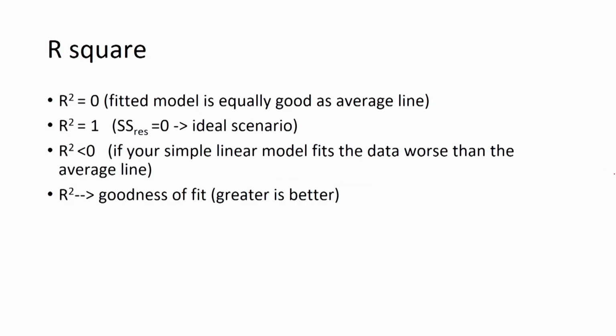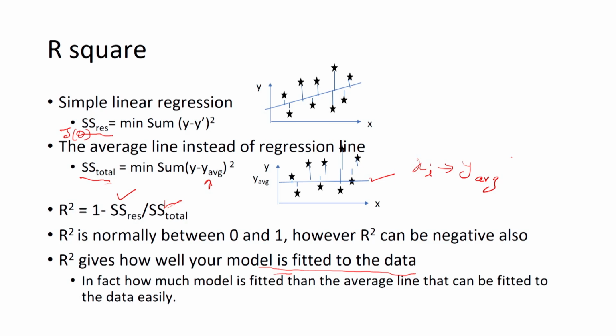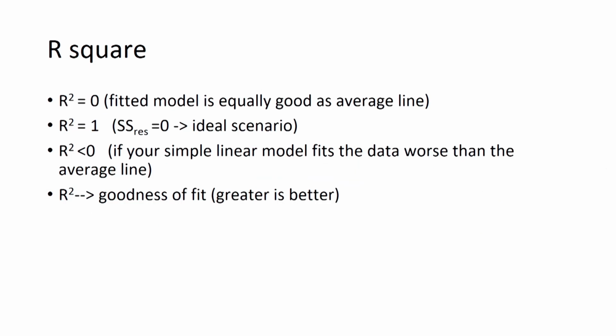Here it is written, if R square is 0, your fitted model is equally good as the average line, because SS residual is equal to SS total, then this becomes 1 and R square is 0. So, in that case your model is only as good as the average line.